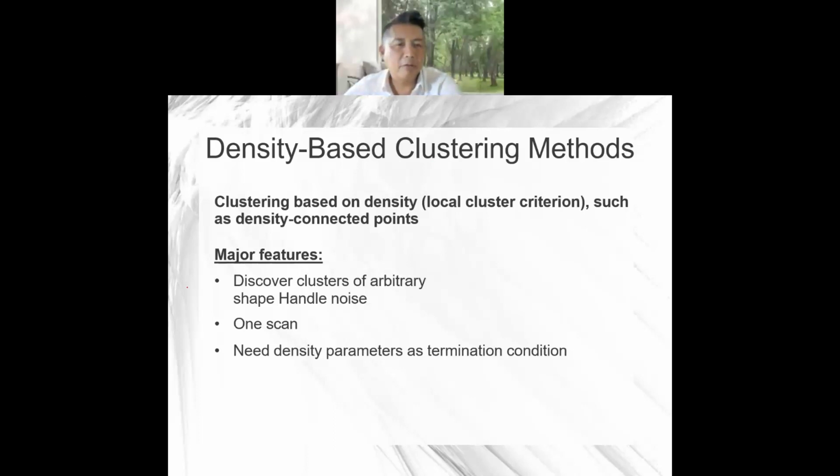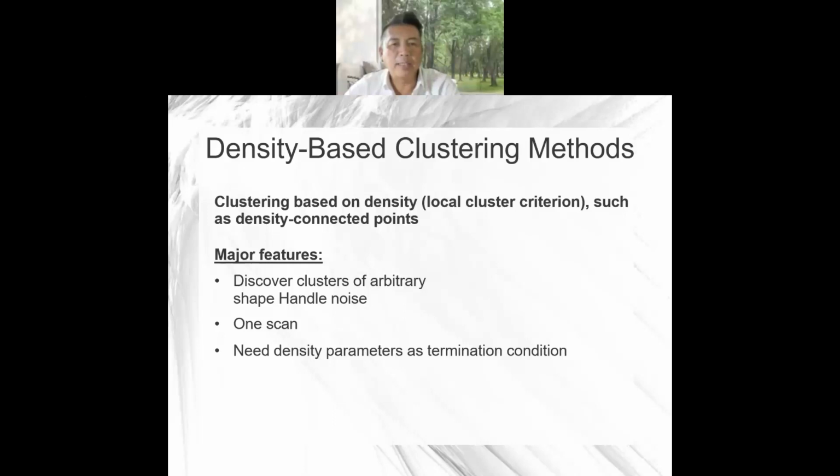The major feature is that it discovers clusters of arbitrary shape and handles noise. This means that all the outliers will not be included, and all the points that are located near each other will be considered as one cluster. It goes through one scan only.